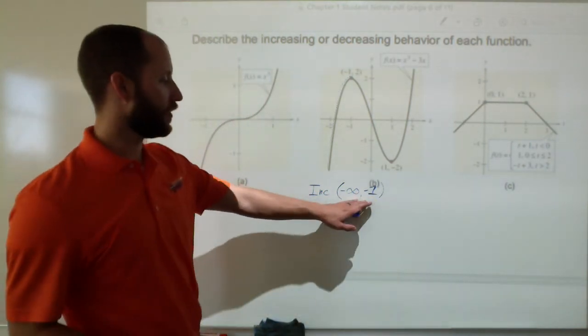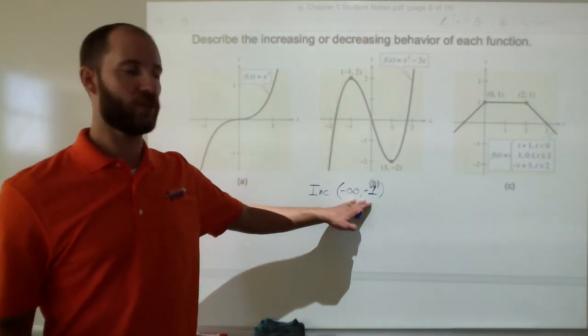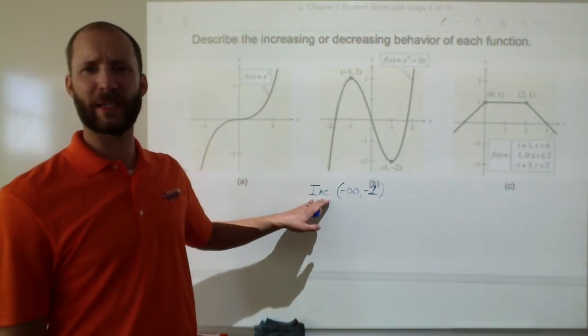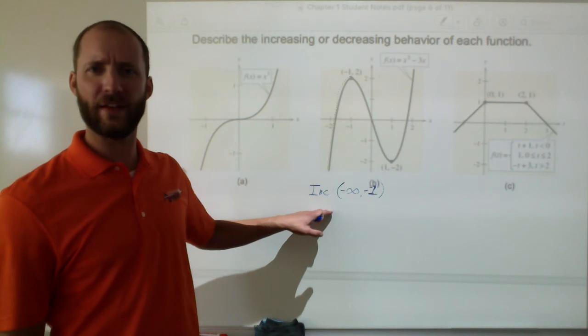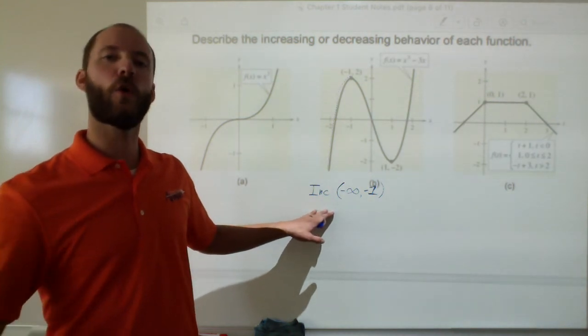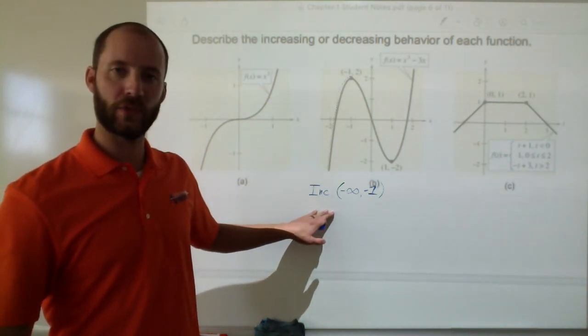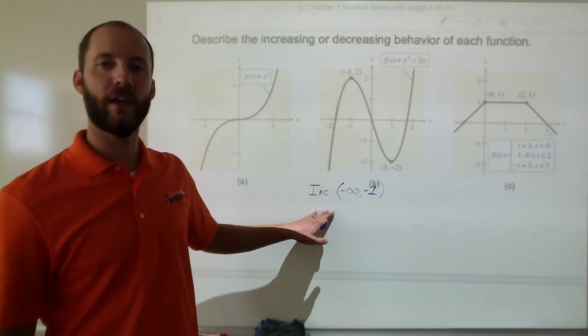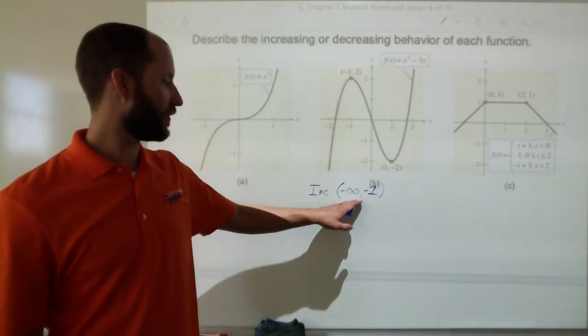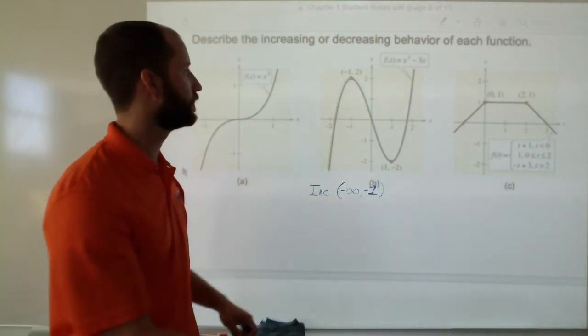Okay? The values that you put in here are x values, because this right here tells you about the y values. It's increasing. Y values are going up. Well, for what x values are the y values going up? For these x values, from negative infinity to negative 1.